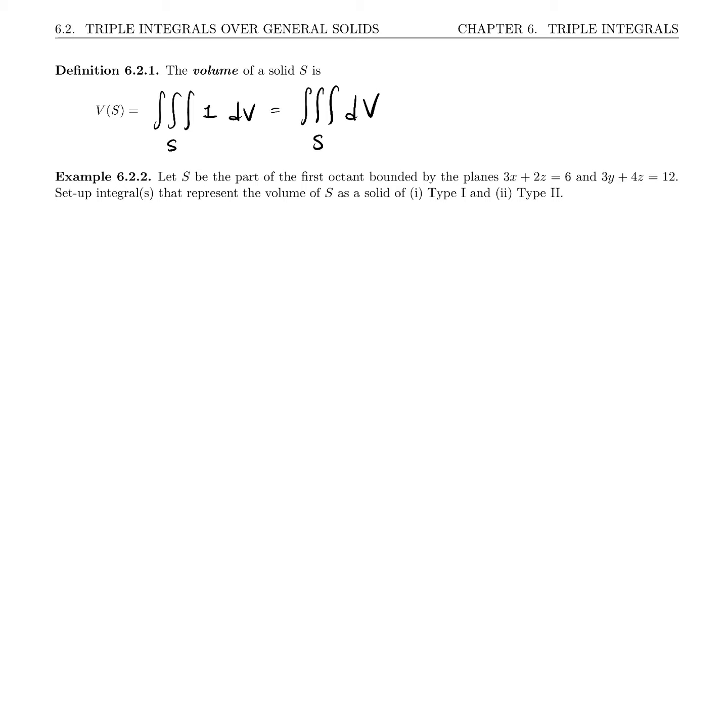So let's sketch, first of all, what these planes look like and get a handle on what the solid S looks like. So 3x plus 2z equals 6. We only need the first octant, so let's graph that.